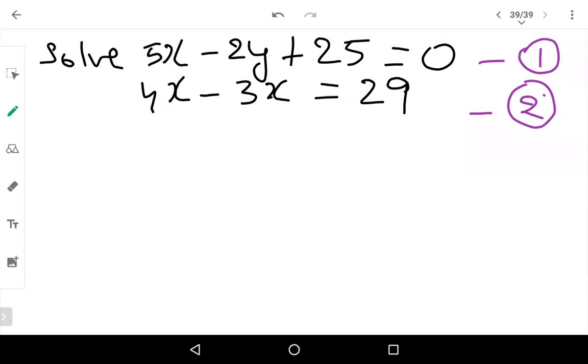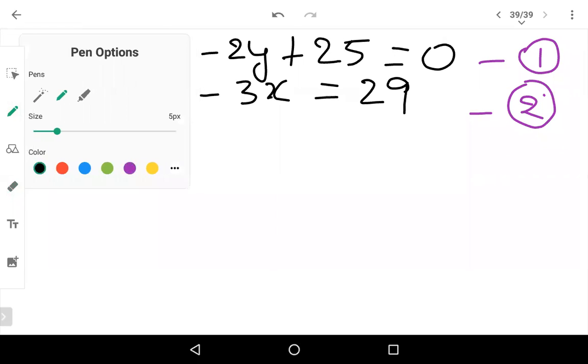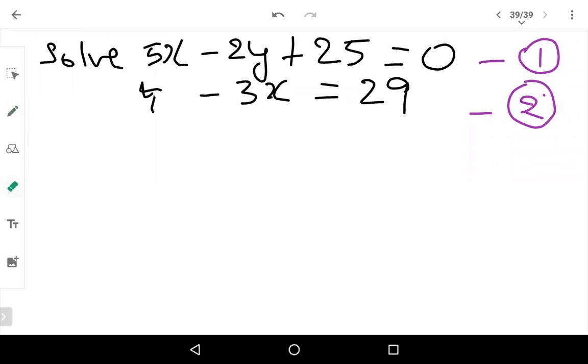Sorry for that, it is 4y and 3x. It is 4y minus 3x. That is the question.